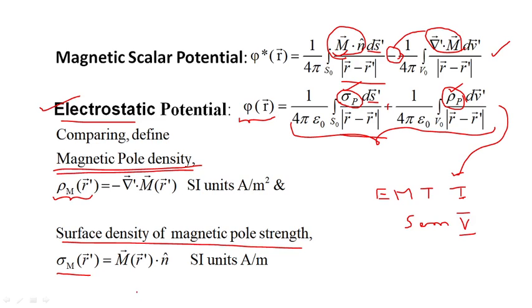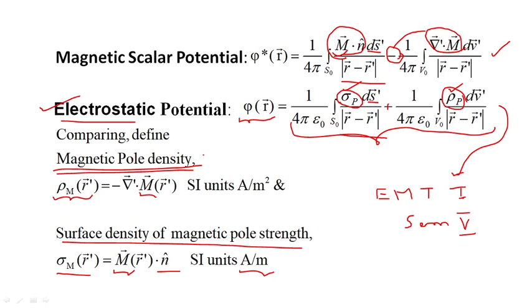Now here, sigma is equal to m dot n. n has no unit, so the unit for m is ampere per meter, and therefore the unit for sigma is ampere per meter. For the magnetic pole density, the unit comes from the current density: ampere per meter square.